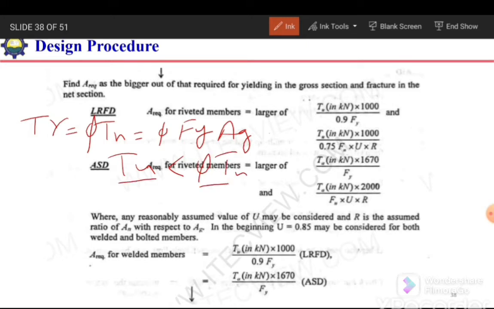So the applied load should be less than the design capacity. We know the applied load Tu, and phi Tn is equal to phi Fy Ag.